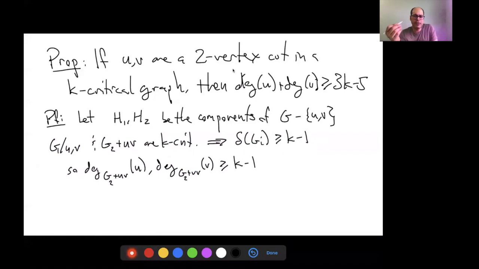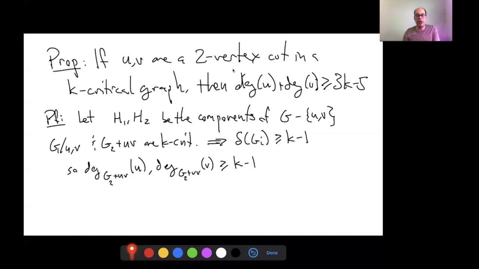Now, what does that mean in terms of the original graph? Well, G2 is a subgraph of the original graph, having some of the edges emanating from U and V. We have this new edge, UV, and so when we're doing this degree count, one of the degrees on each side, for each of these guys, in the potential K minus 1 count, corresponds to the edge UV.